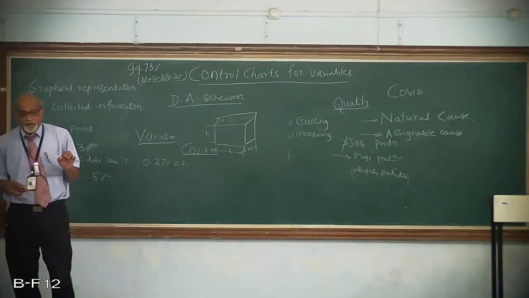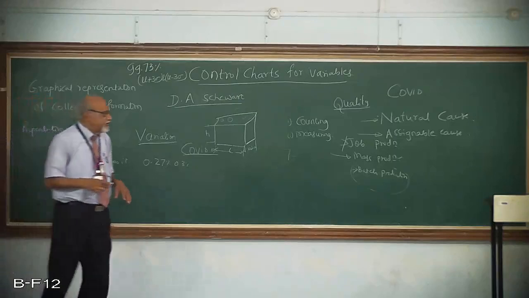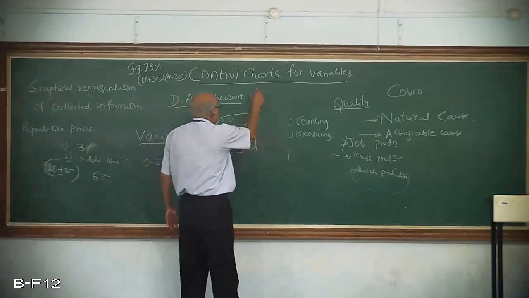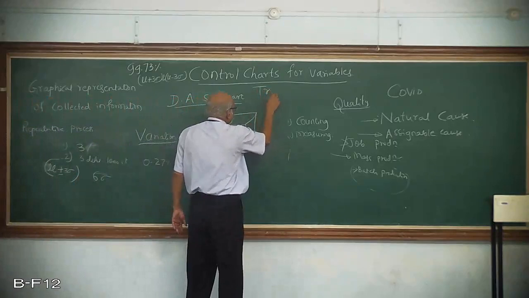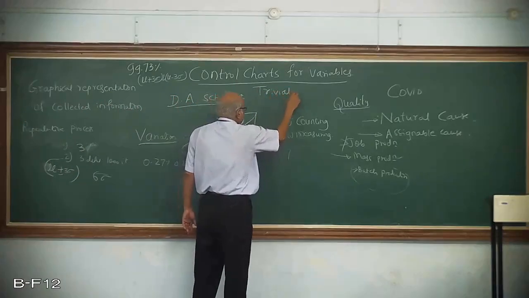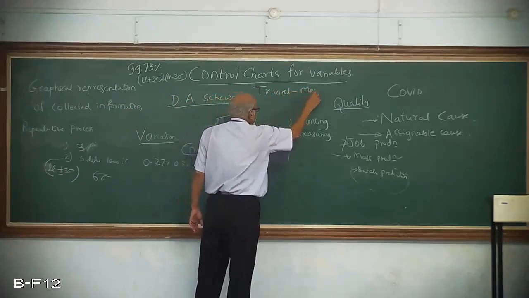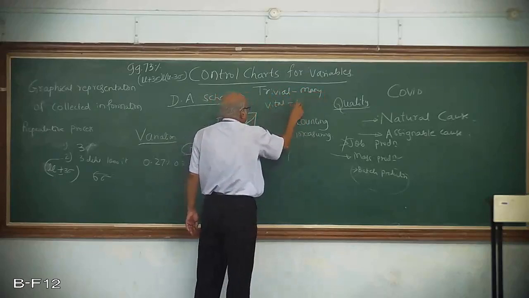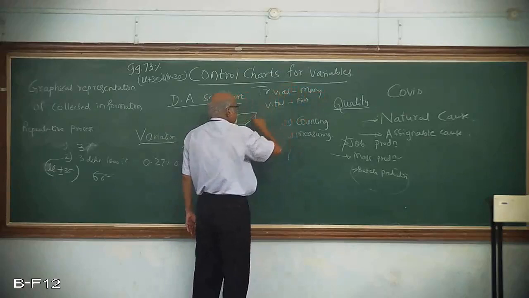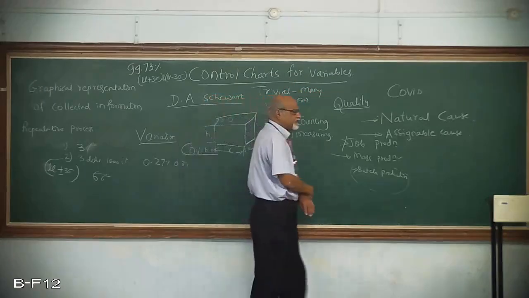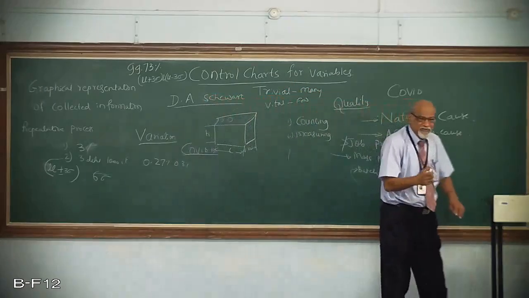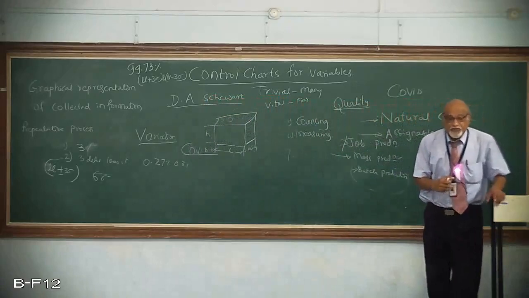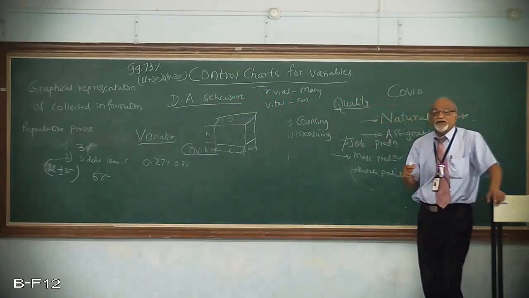In general, in management, we used to talk about the trivial many and the vital few. That means if rejection is increasing, there are only one or two causes which will cause large variation.